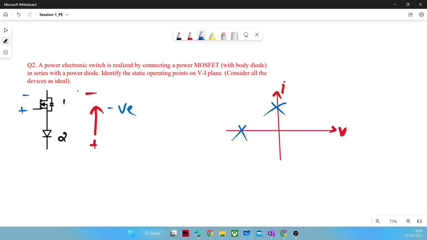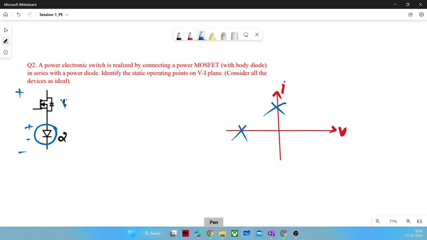Now we have to see what about positive polarity of voltage. So let me apply the positive polarity. If we apply this kind of polarity, the MOSFET will conduct, it doesn't block this polarity, and this diode will see it from anode to cathode, so it will also not block this polarity.